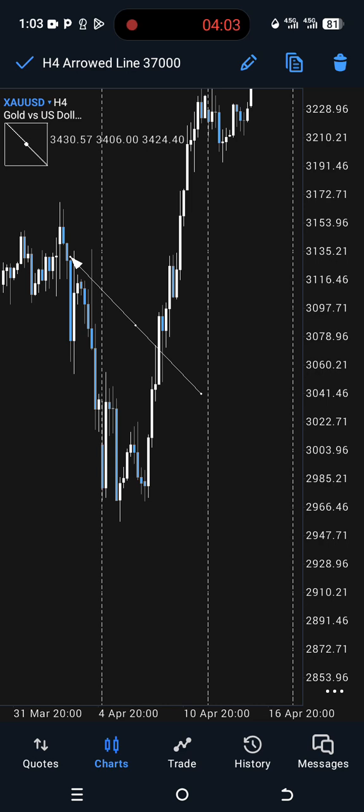Now, a short term range is a strong short term range when we have a fair value gap in it. There's a fair value gap here and there's a fair value gap here.